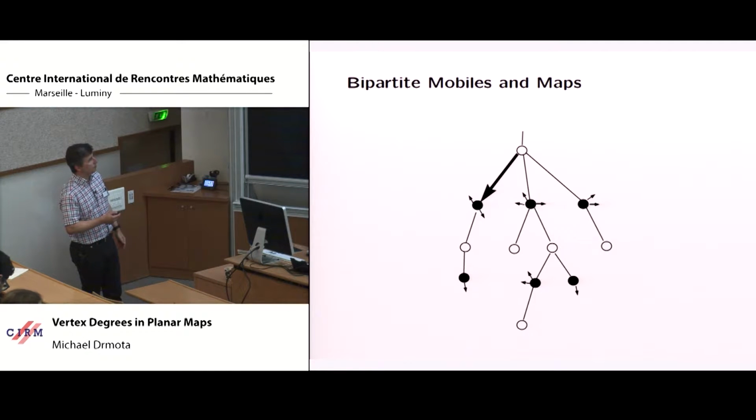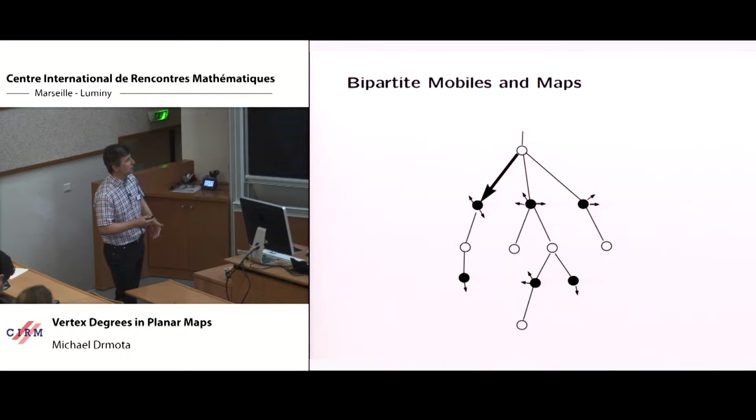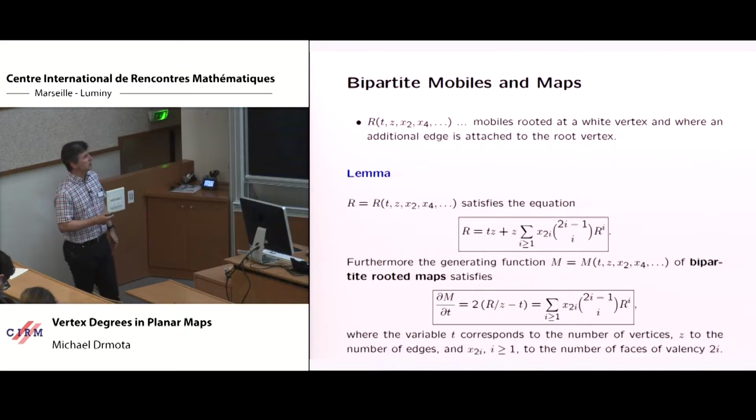If I put this root edge here, then I have a very nice recursive structure. This is now a root. This gives me a first descendant and a second and a third. So I have a sequence of descendants, and what is coming next are again mobiles. So I have a recursive structure of again rooted mobiles. I can always put a root here, and this gives rise to this recursive relation.